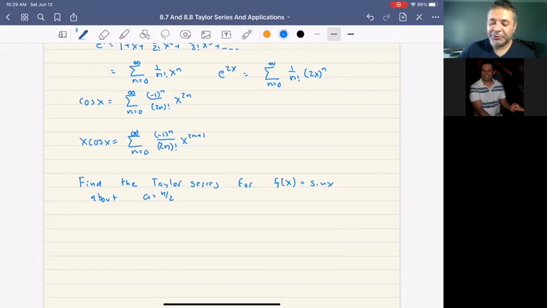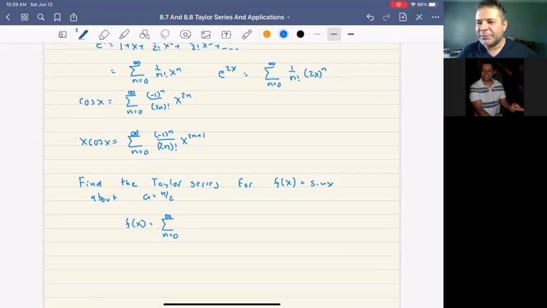Instead, what I'm going to say is, okay, you know what, let me imagine I'm doing this. f of x is the sum n goes from 0 to infinity.